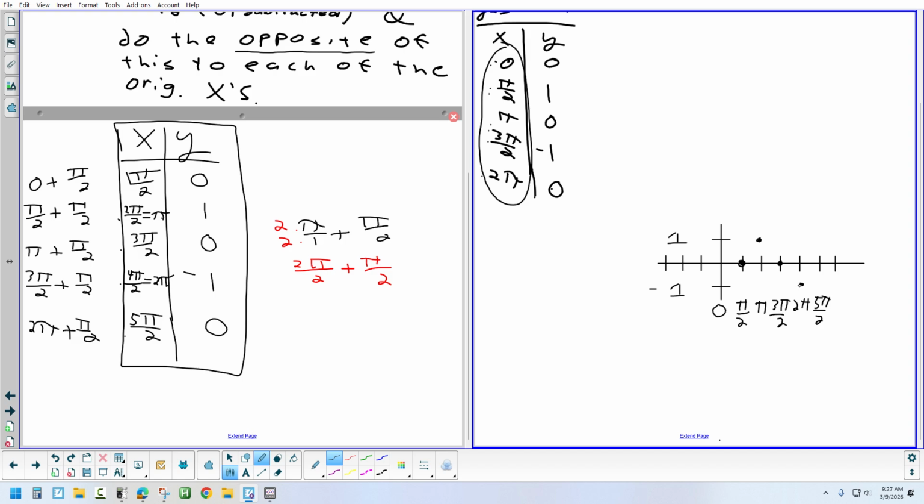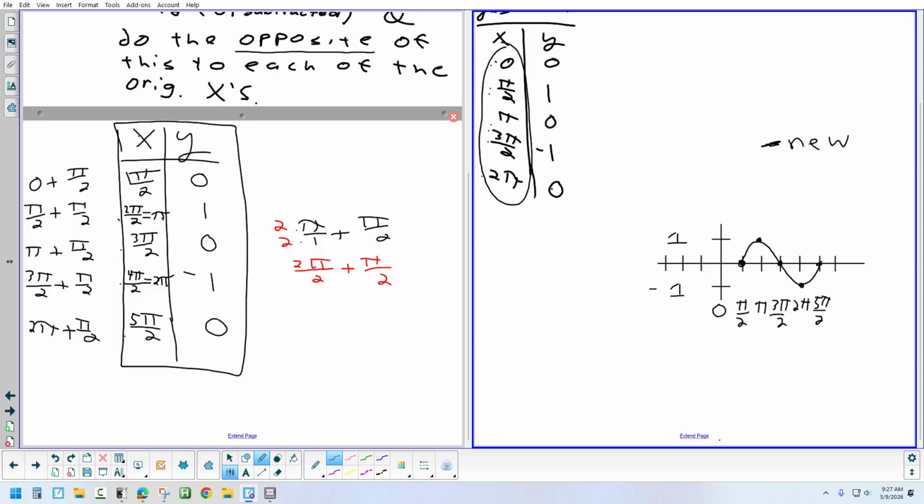So right about there. And the last point, 5 pi over 2, back at 0. Now, when you connect them, remember that the curve is a wave. So try to make it look kind of like a wave. Just like that. Okay. That is the new graph.